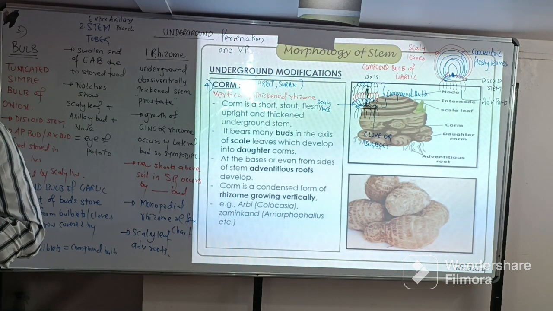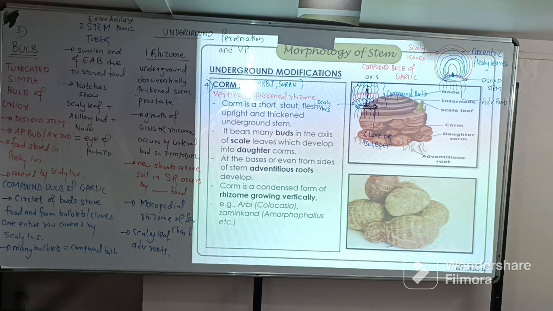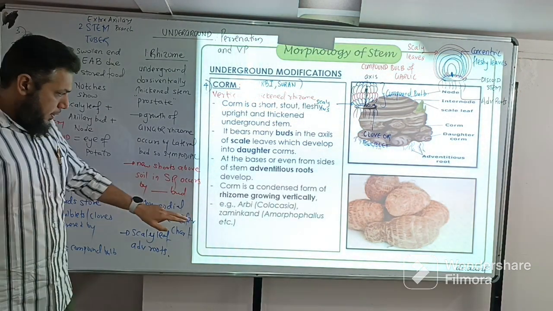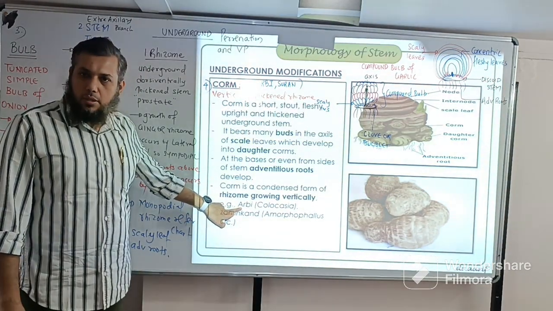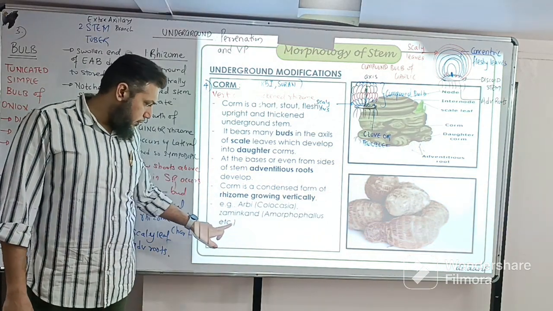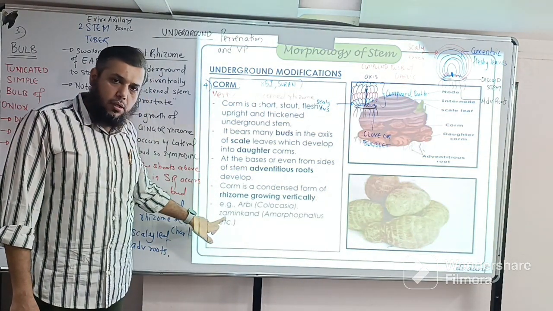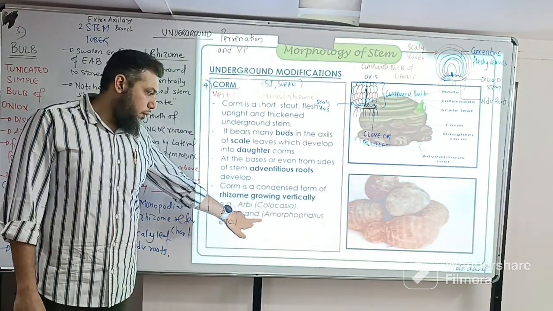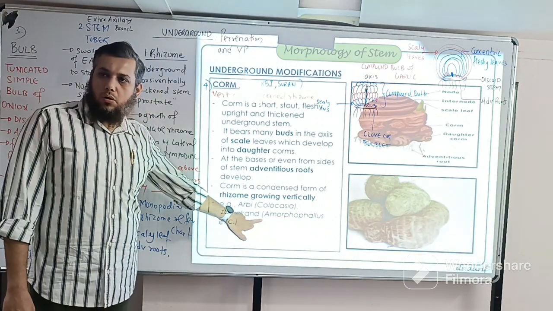Yes, Omkar, how do you define a corm? Vertically growing rhizome. Give me two examples. Arbi, that is colocasia. Colocasia. Zamikant, that is amorphophallus. Amorphophallus.